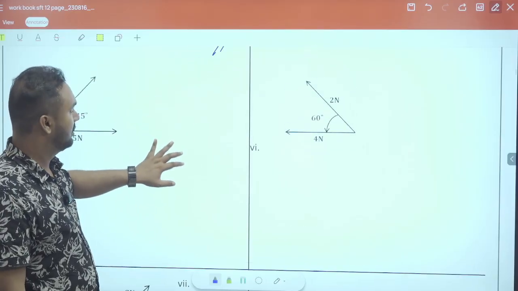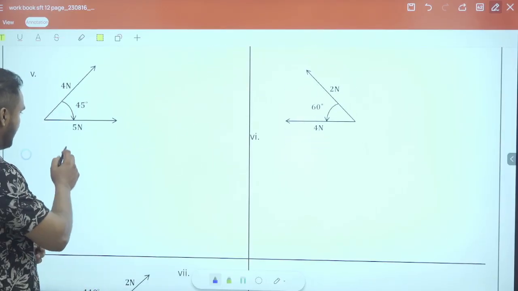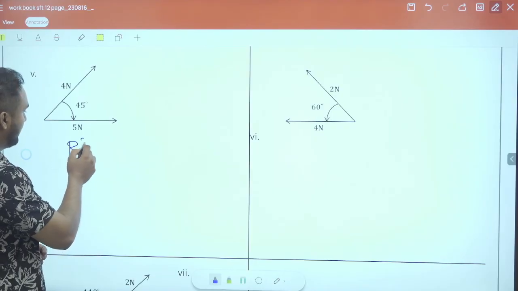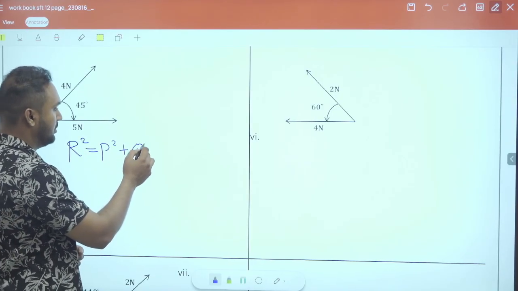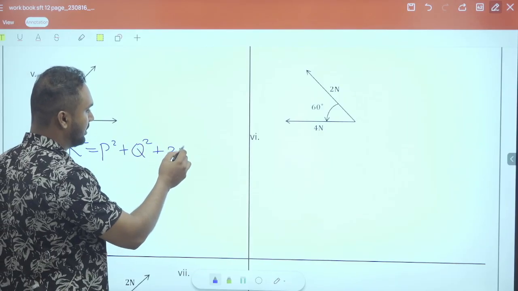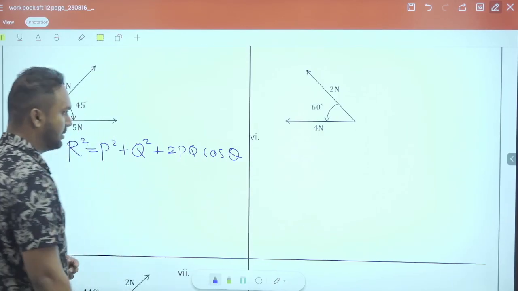Then come. So this question. What is the equation? R square equals P square plus Q square plus 2PQ cos theta, right?